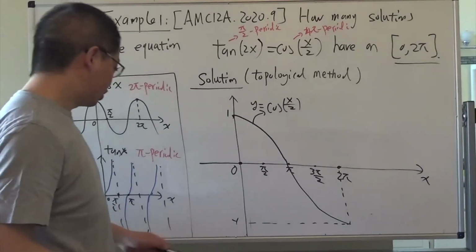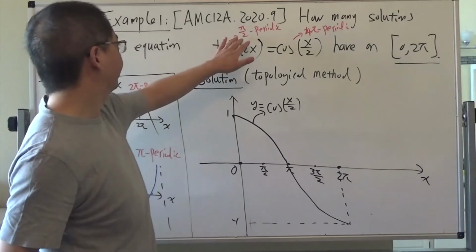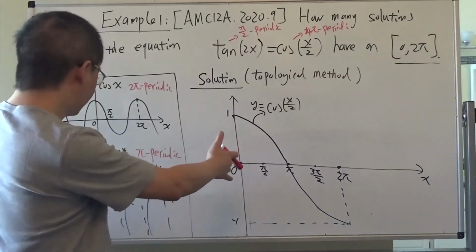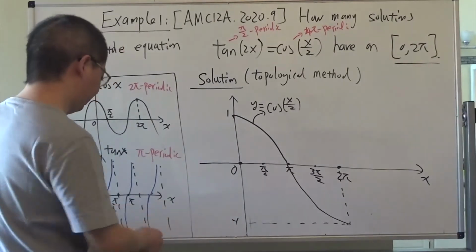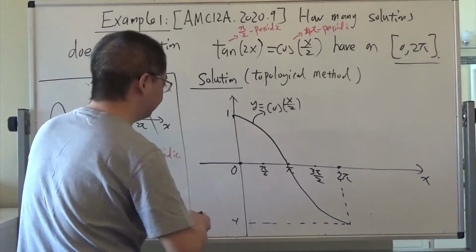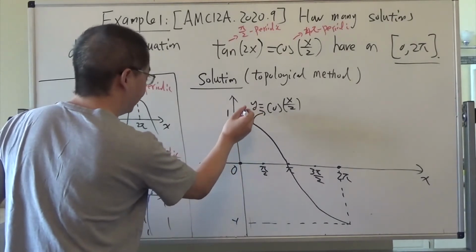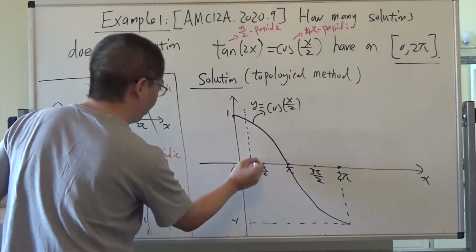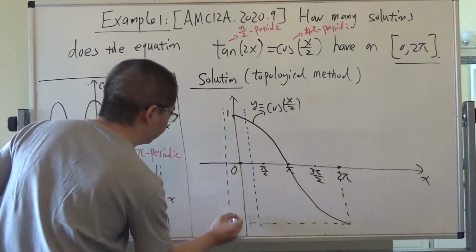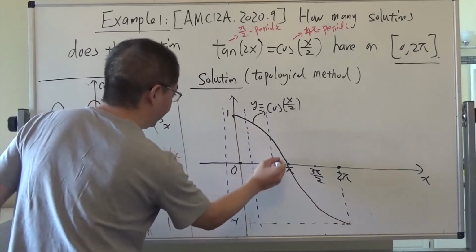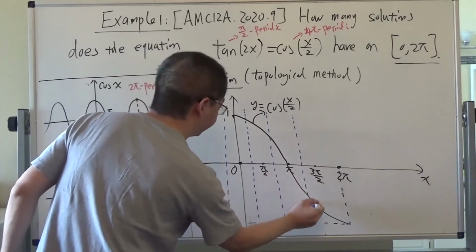All right. Now let's draw the graph of tangent 2x. So as we said, for tangent 2x, what we do is we compress the graph of tangent x. The period becomes pi over 2. So first, let's draw those asymptotes. Here we have the asymptote at pi over 4 because the period becomes pi over 2.